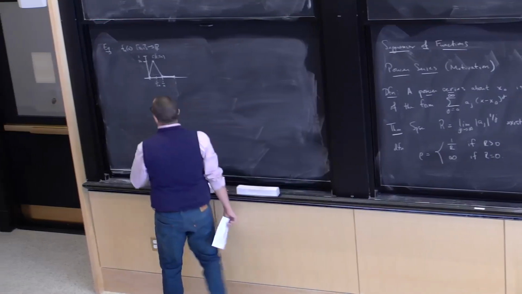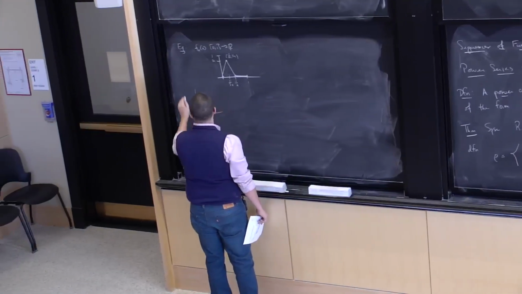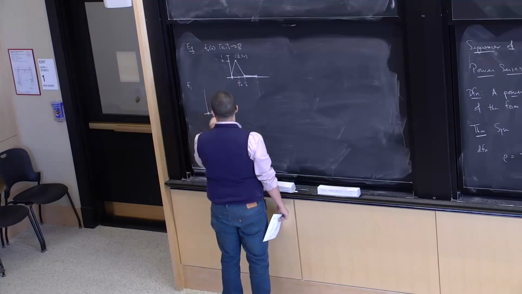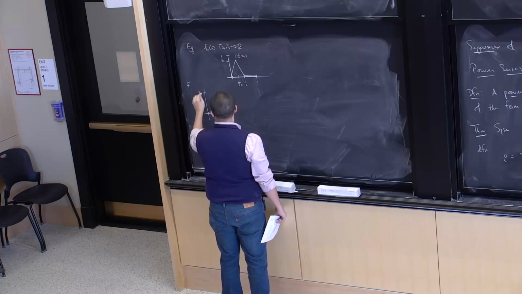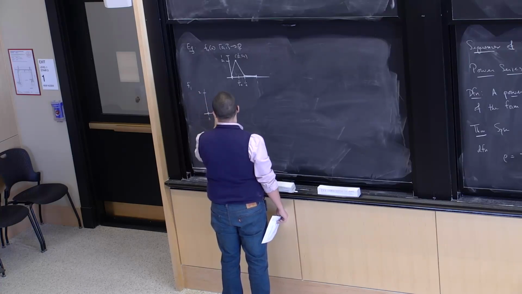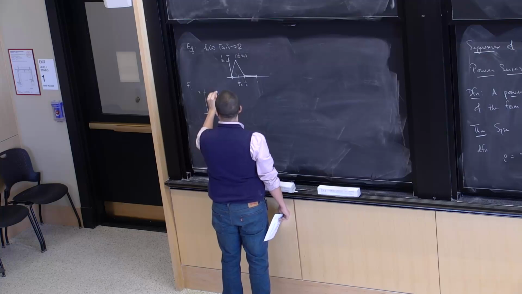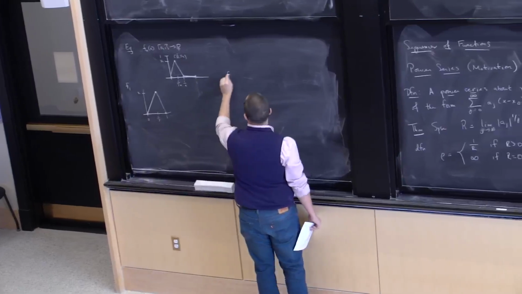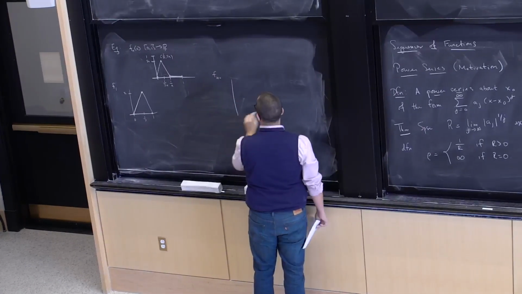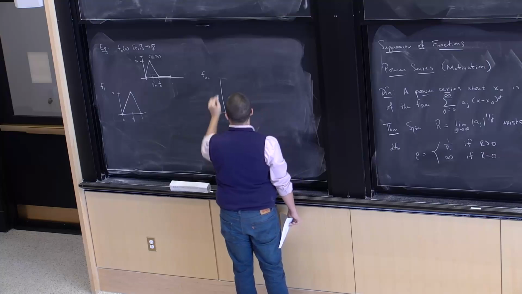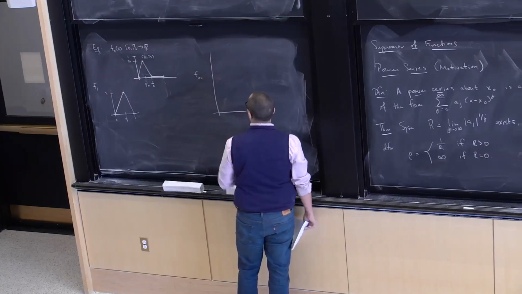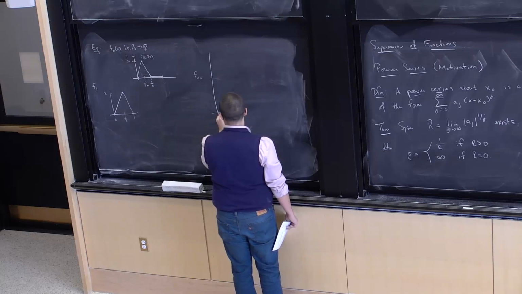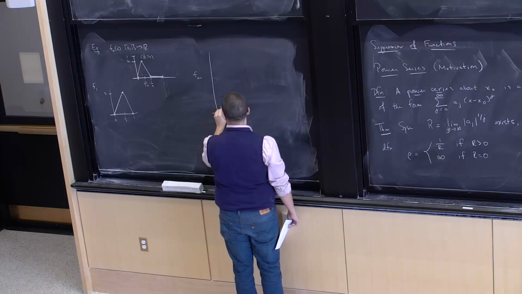All right, it's just piecewise linear. So for example, if I wanted to draw f1, f1 would look like, there's 1, 0, 2, 1/2. And let's say I wanted to draw f100. What does that look like? So maybe I should make this one a little bit bigger. There's 1 over 100, and then that should be 1 over 200.